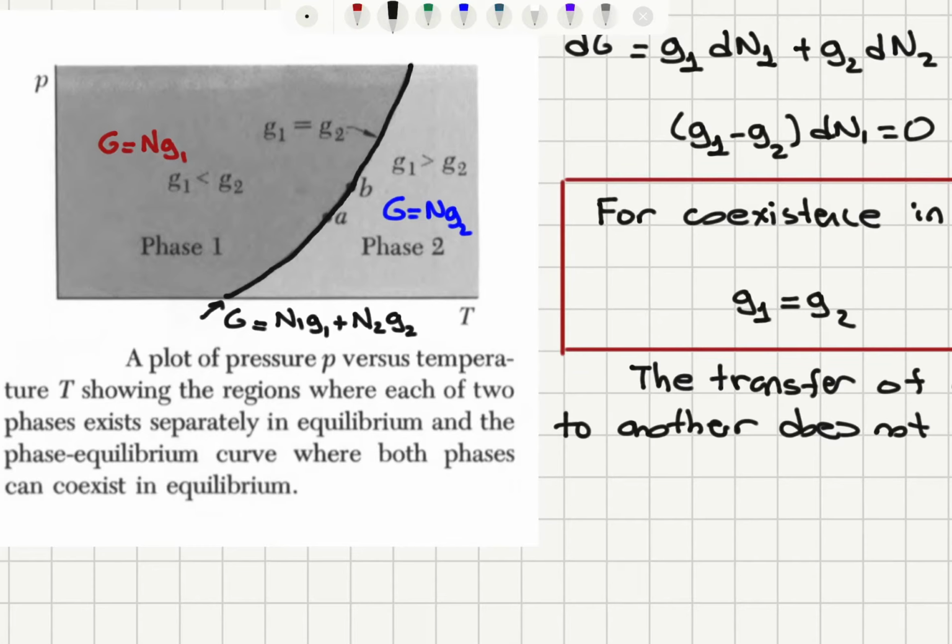Because G1 and G2 are the same, this will be equal to capital N times G1, because G1 and G2 are the same.